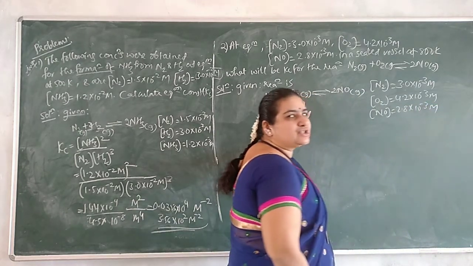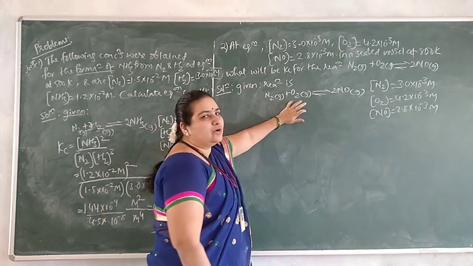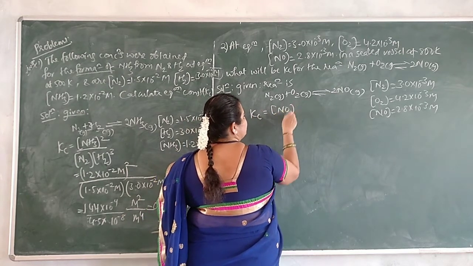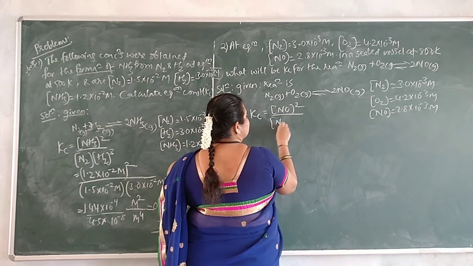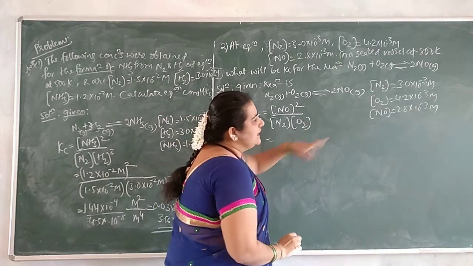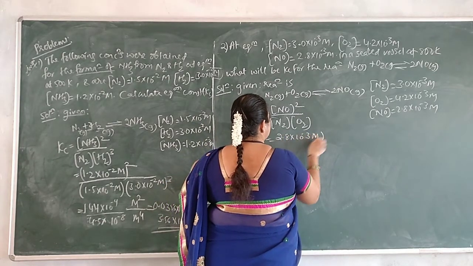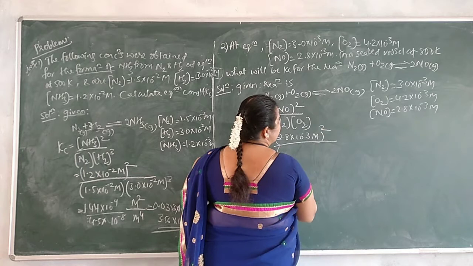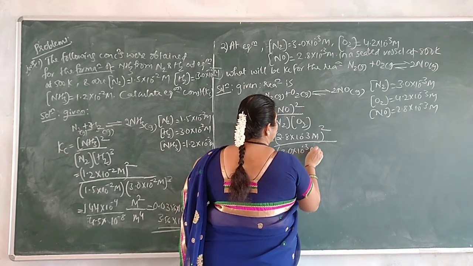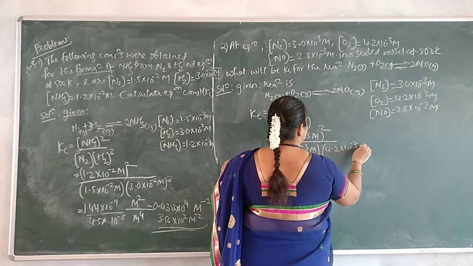Now for this equation you write the equilibrium constant, that is Kc. So how to write the Kc? Kc is equal to NO raised to 2 divided by concentration of N2 into O2. Now substitute the values. NO is 2.8 into 10 raised to minus 3 M raised to 2 divided by 3.0 into 10 raised to minus 3 M into 4.2 into 10 raised to minus 3 M. Okay.